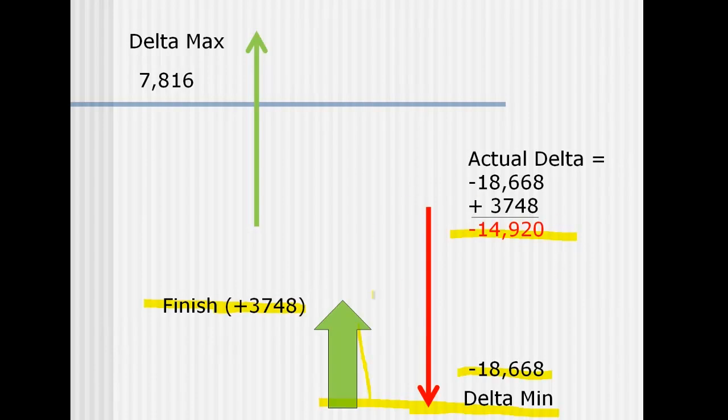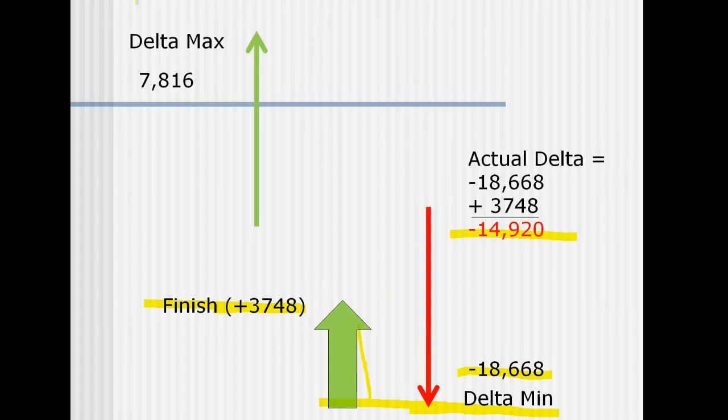The reason that this particular analysis is useful and I like it is because it gives me a couple of interesting perspectives. First of all, it tells me where I finished, on what note. Did I reach my delta max first or did I reach my delta min first?